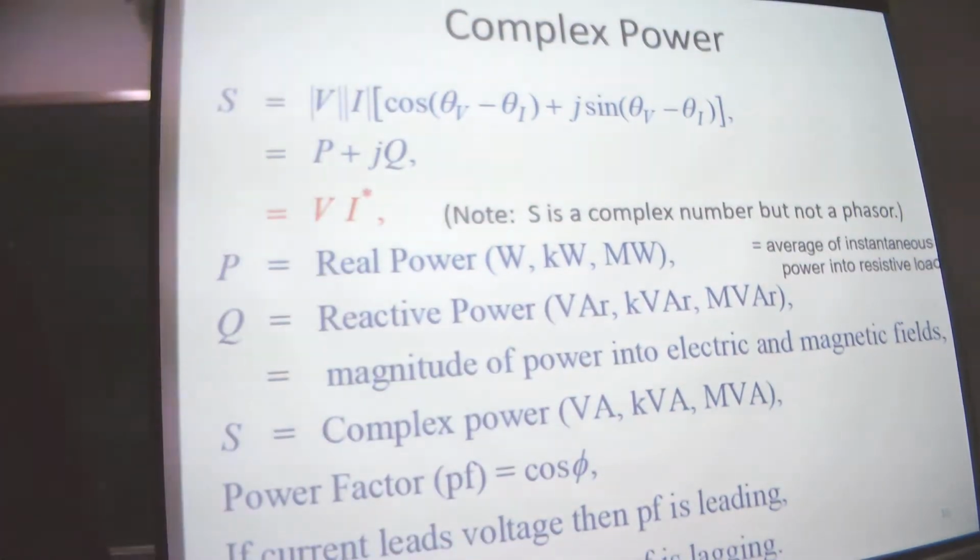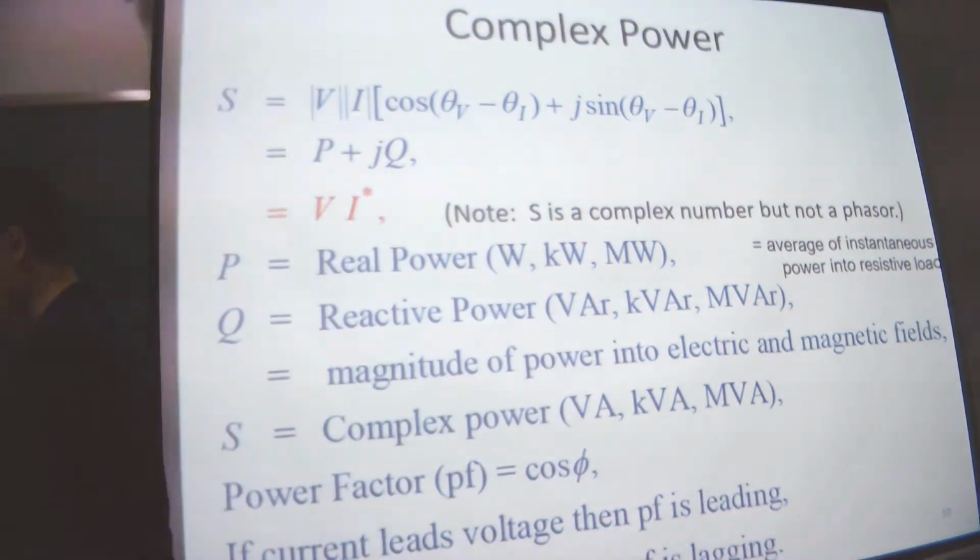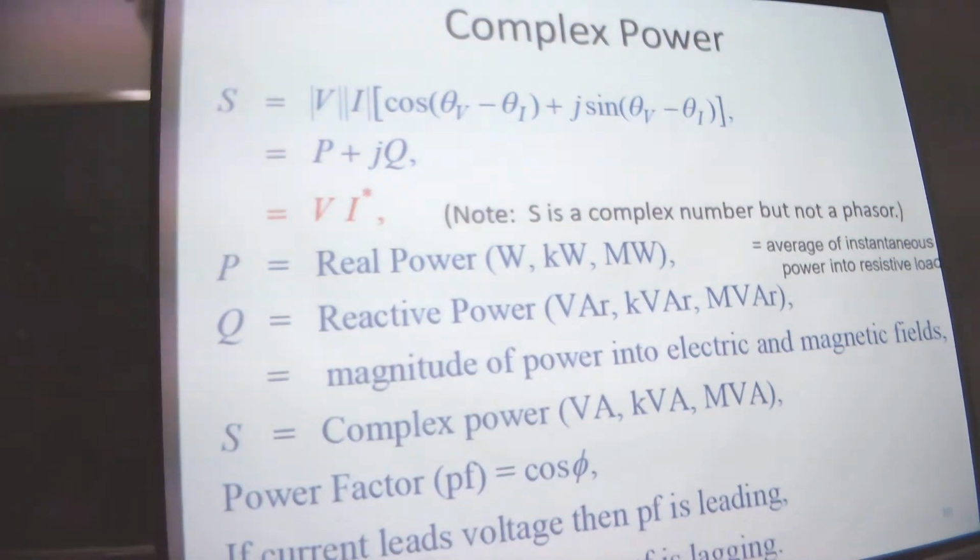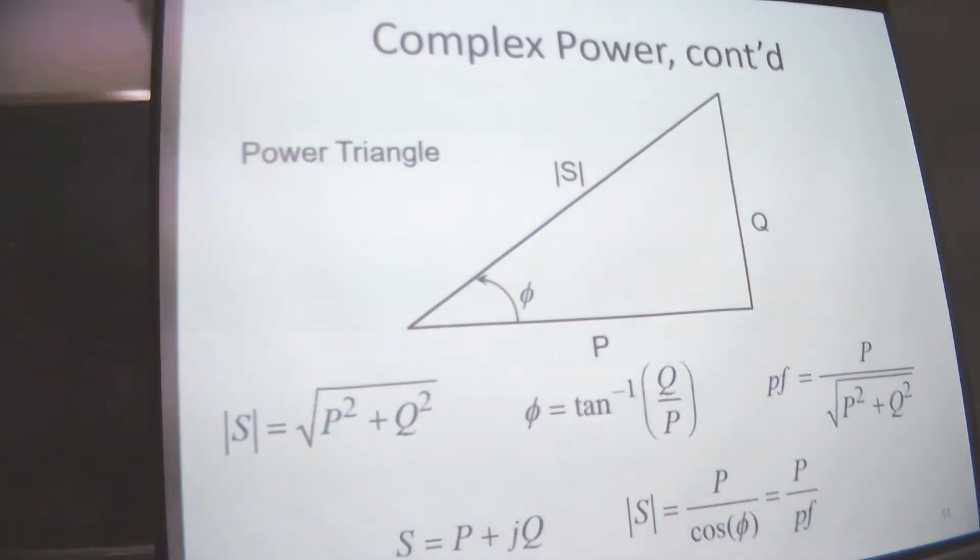This one is 1 plus 1, this is 1 minus 1. I just would like to emphasize that this is only for the conjugate, and this is what it is named in mathematics.